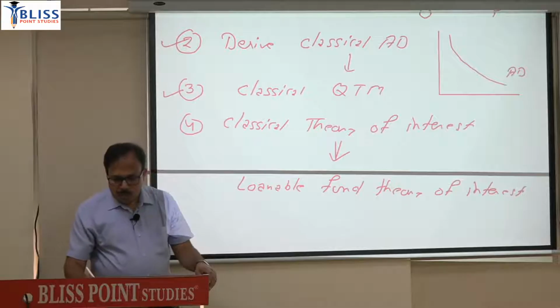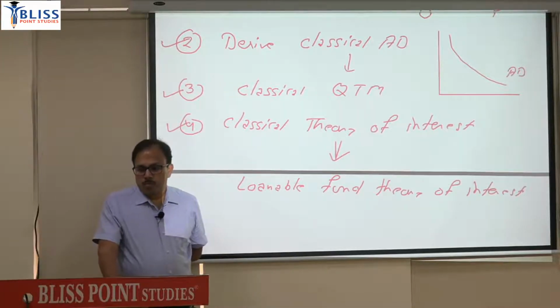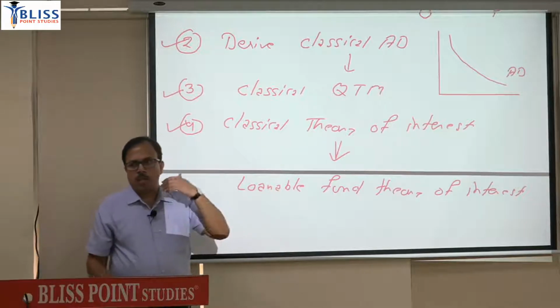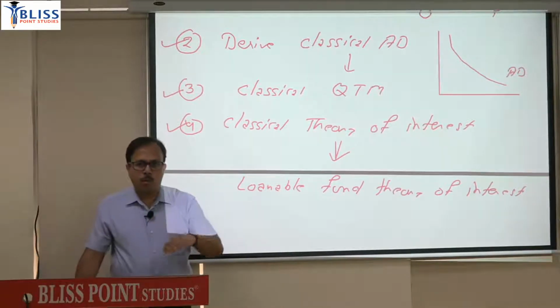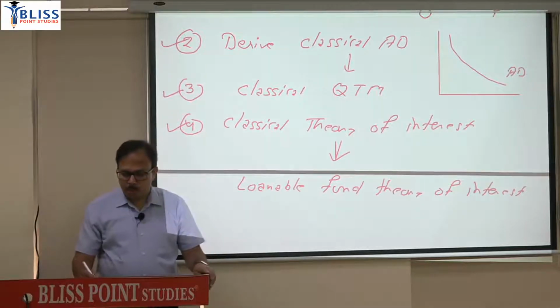So that will be another important topic within classical. Classical theory of rate of interest: how rate of interest is determined in the market, and it has been explained by the loanable fund theory. That means there is a supply of loanable fund, there is a demand for loanable fund, and their equality will determine the rate of interest. So we have to explain this part in detail.